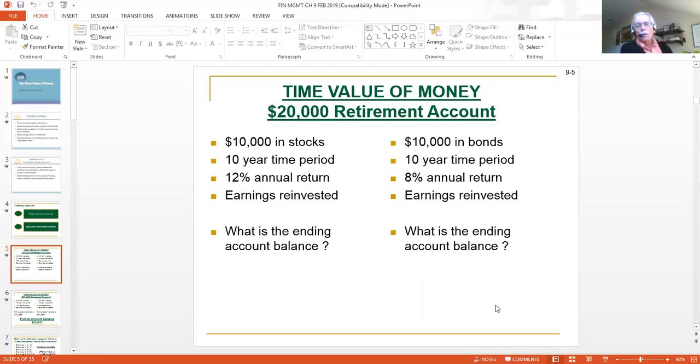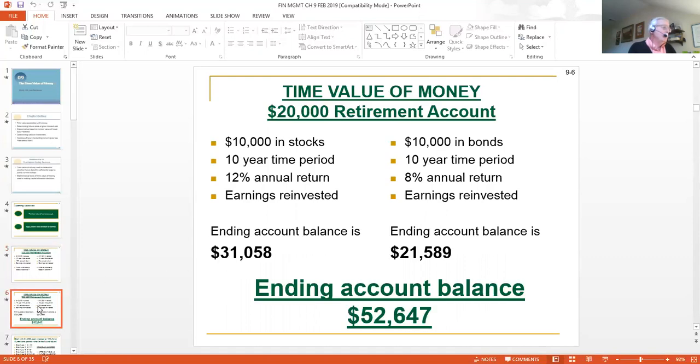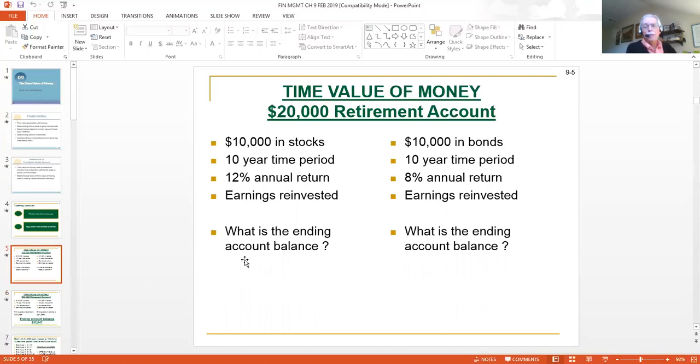The number of periods will be 10, or 10 years. The present value amount that we're starting at is a negative $10,000. Excel requires the negative value. And you solve. You're going to get an answer which will be $31,058 if we've done it properly.